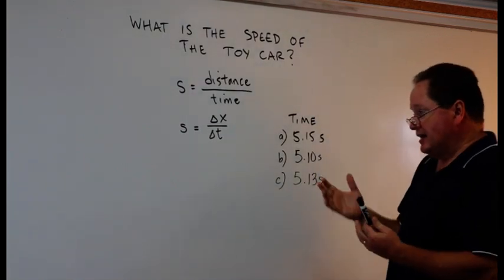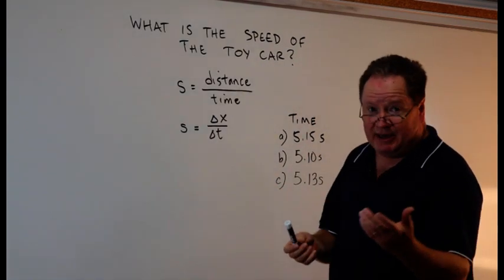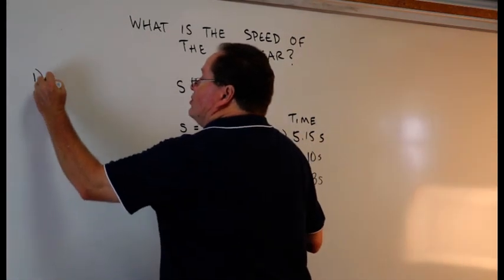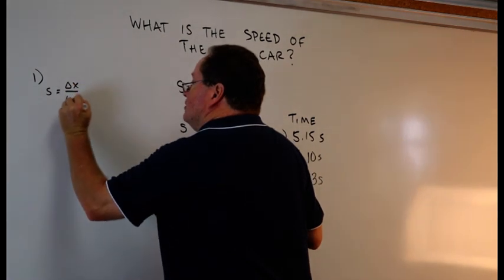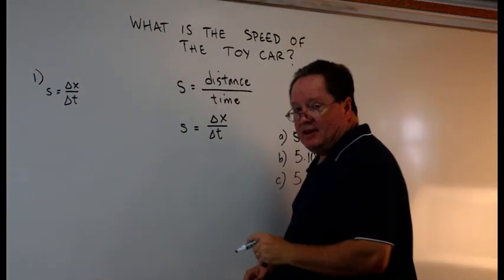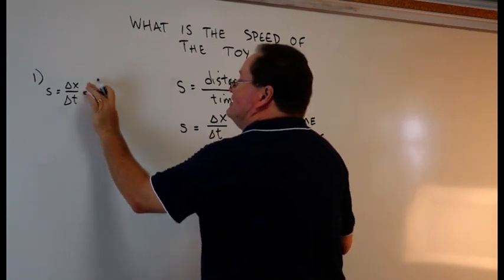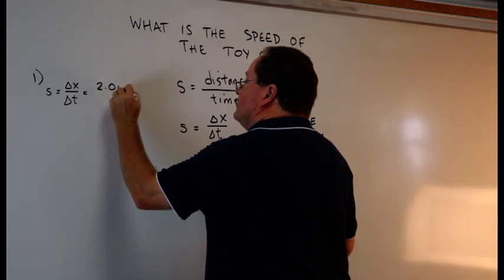What I can do now is use these to calculate the speed at which the car was moving. Again, I'm just going to use my first trial. I'm going to use the formula that we know works for speed. My delta x, or my distance, is going to be the same on all three of them. It's 2 meters.